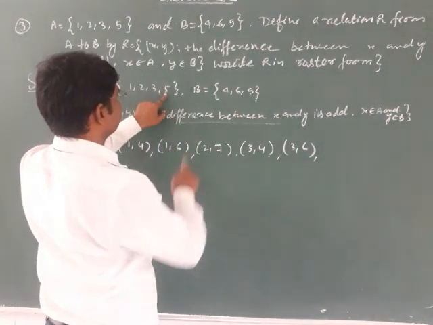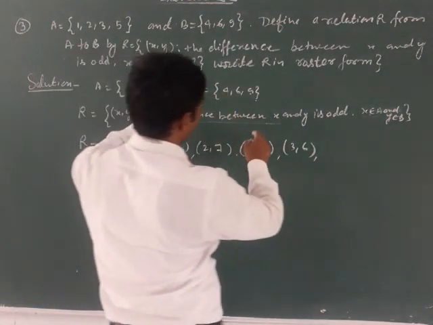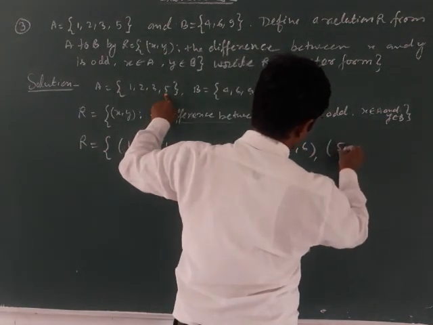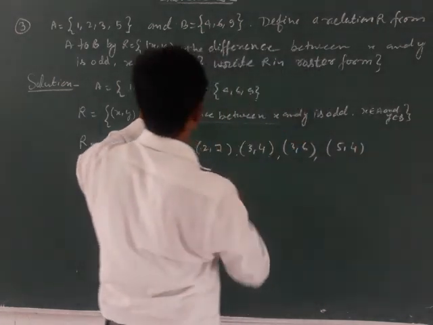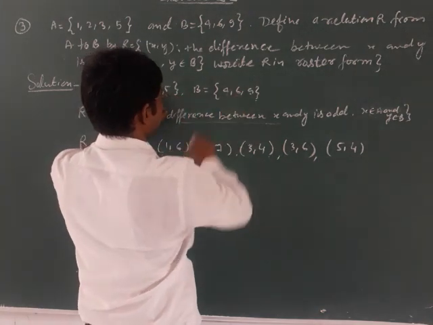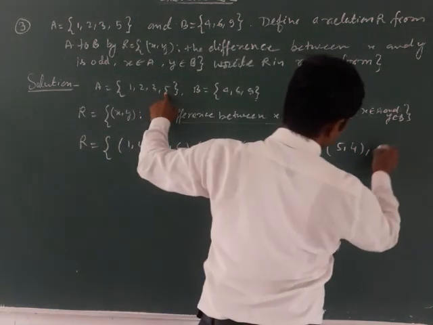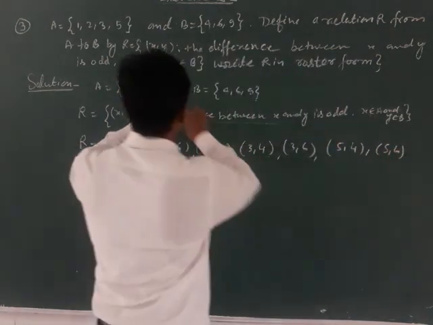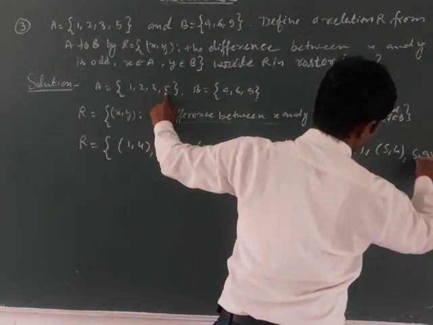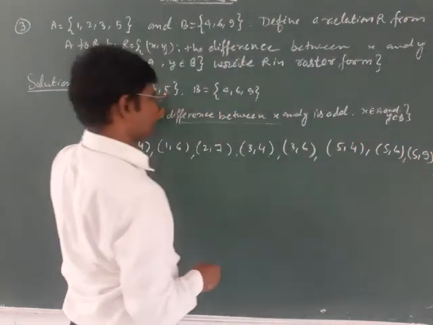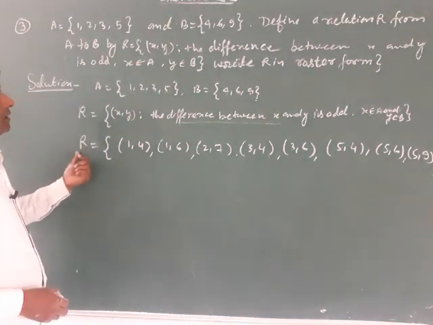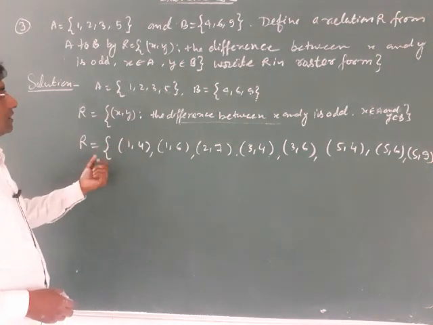So for 5: (5, 4), (5, 6) and (5, 9). So these are the ordered pairs of set R in roster form.